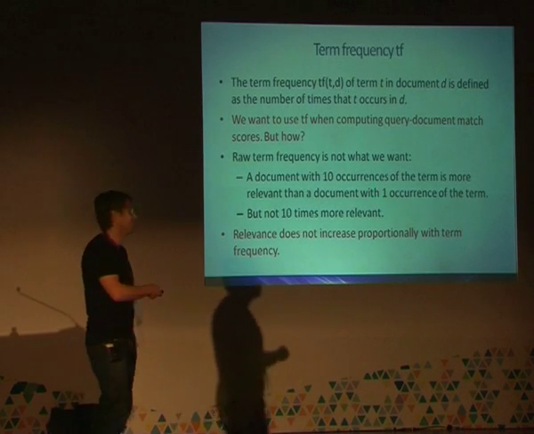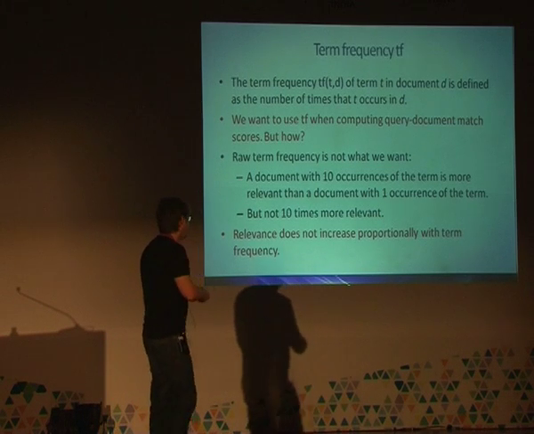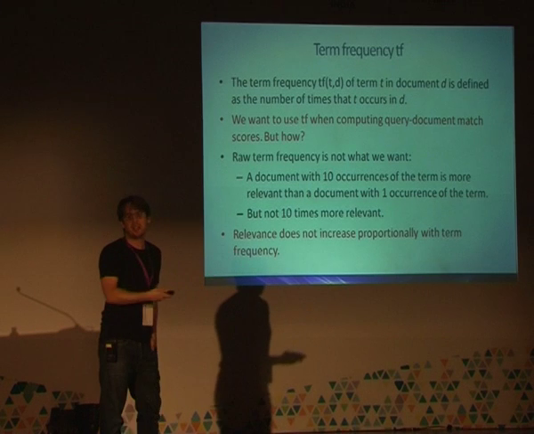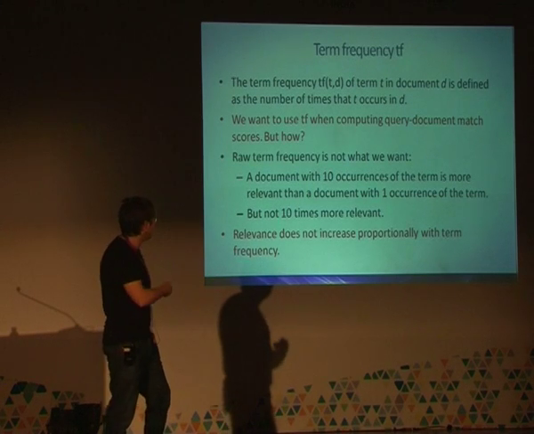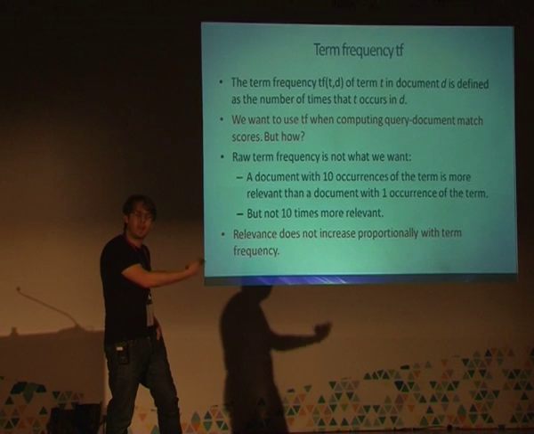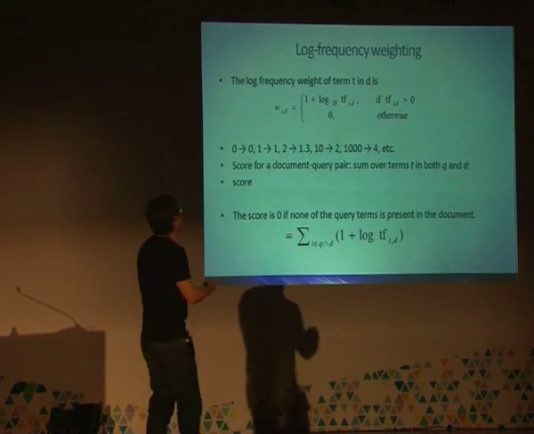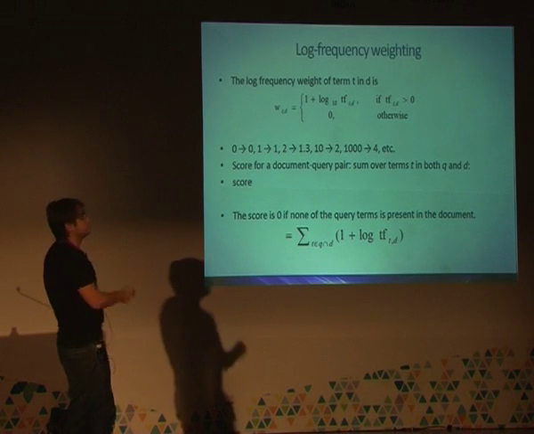This is key. I mean, this has been one of the key ingredients, to me, in making these models successful: just modeling this non-proportionality between the number of times you see the term and how important it should be. So something very crude would be to just take the log.